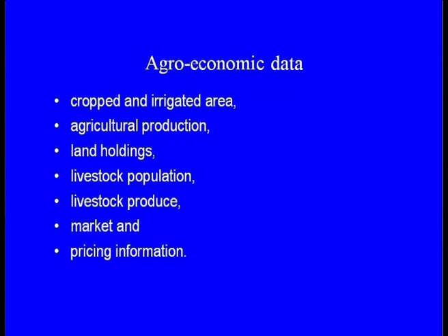The next type of data could be the agroeconomic data set. Well, these data sets could be the cropped area and the irrigated area, what type of agricultural holdings there are, the land holding, the livestock population, the livestock produce, location of markets and pricing information.